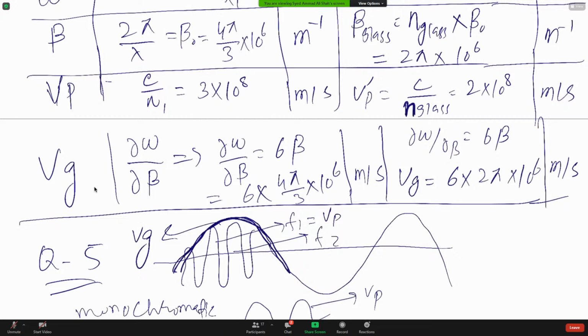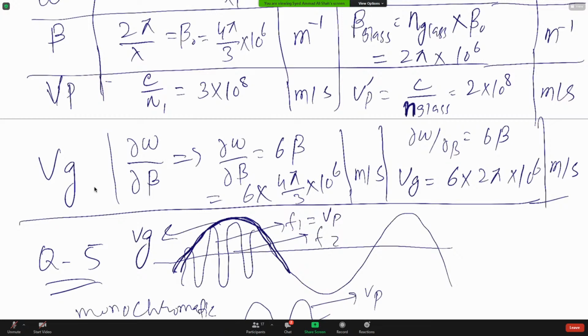But here you won't get the same answer. Here you have more rays. You already know that you are in a denser medium. So they are different. It's very confusing, but it all depends on your sense. Either it's going to be the same, so I can use c over ng, or you intuitively know that no, it's not going to be the same, so I have to use the delta omega over delta beta expression.